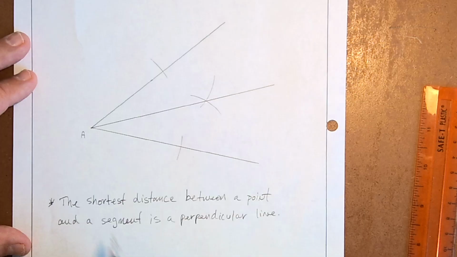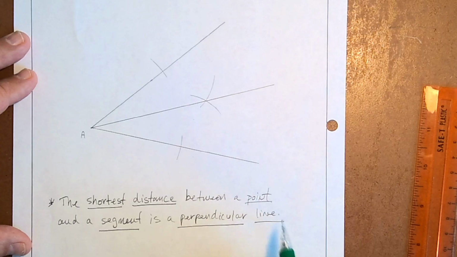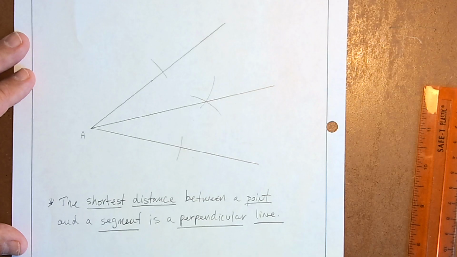The shortest distance, I'm going to underline these things, between a point and a segment is a perpendicular line. What does it mean for lines to be perpendicular? To intersect at 90 degrees. Yeah, to intersect at 90 degrees. So the shortest distance between a point in space and a line segment is a perpendicular line. Okay.